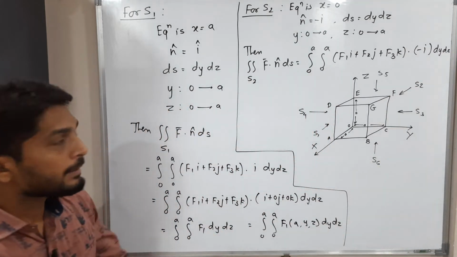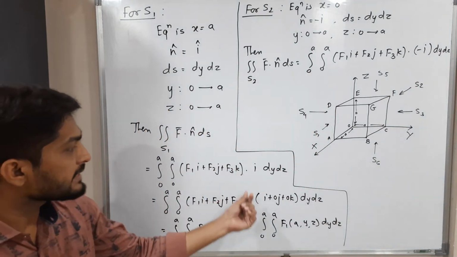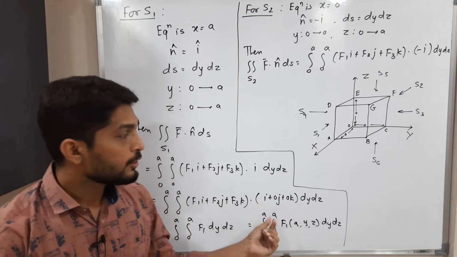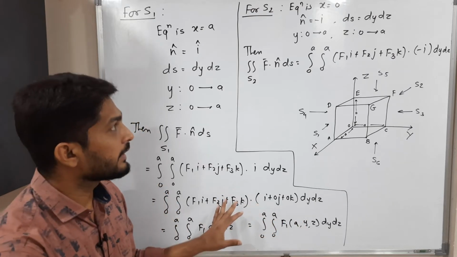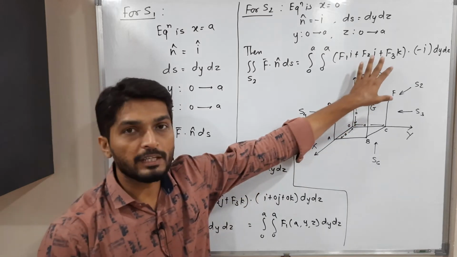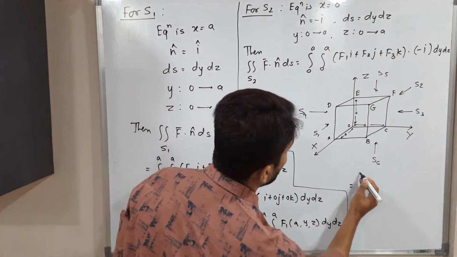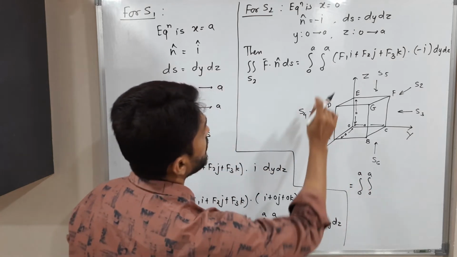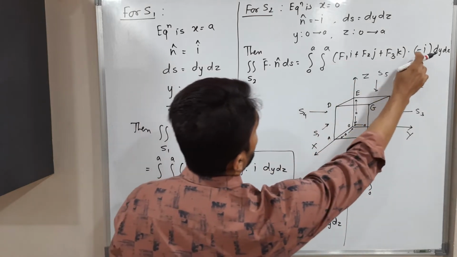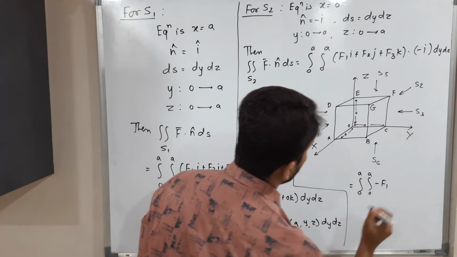So the minus sign will come outside. If you take the dot product, the multiple of i is f1 times minus 1, so we have minus f1.